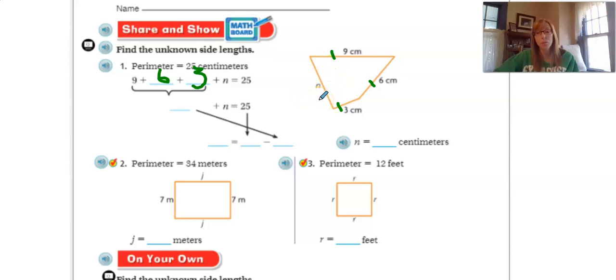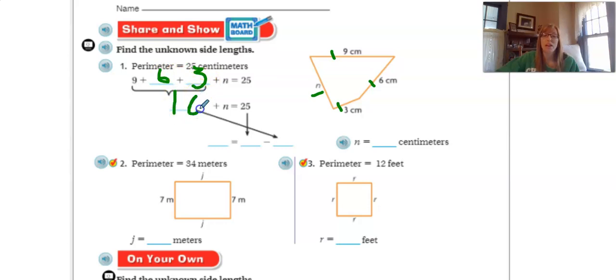Now, in algebra, please remember that they always use lowercase letters. So here they're using an n, and we are trying to find n. We have 9 plus 6 is 15, plus 3 is 18.